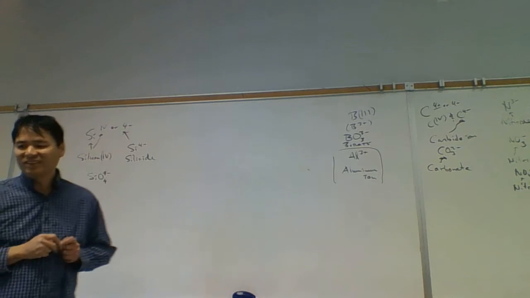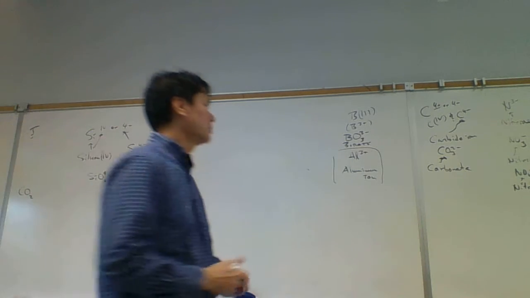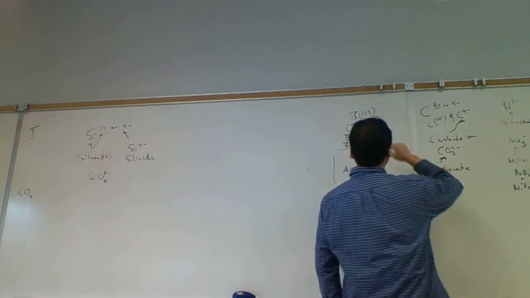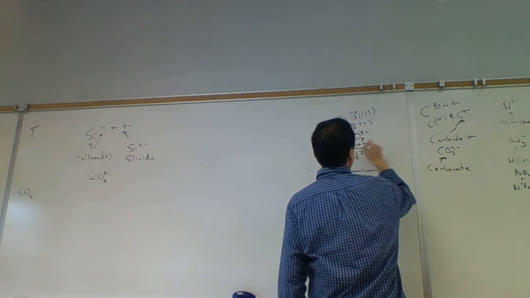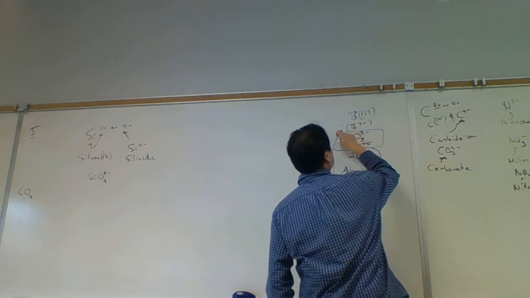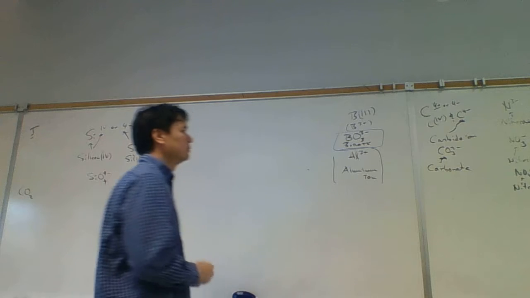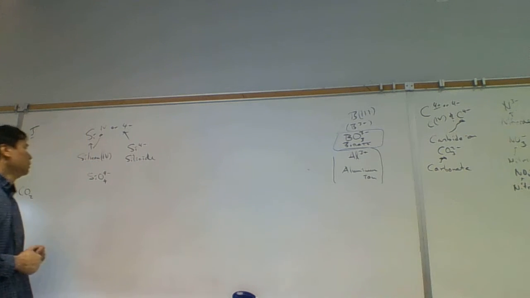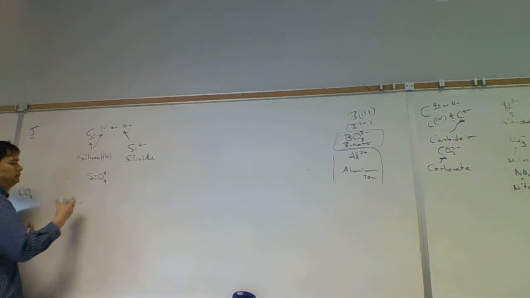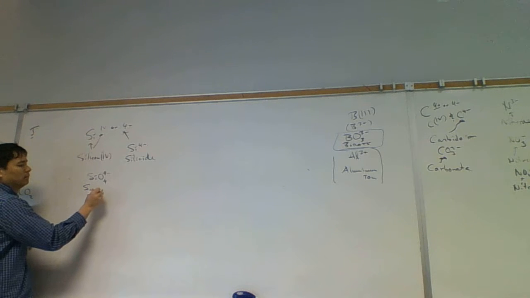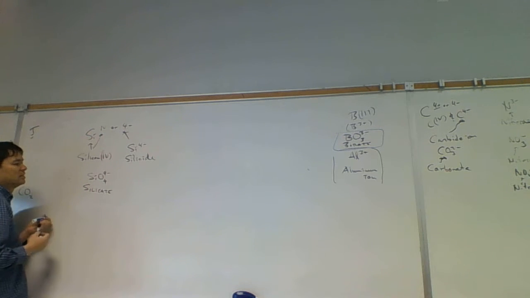See, there's minimal memorization you have to do as long as you memorize the anchors. So 4-8, the anchor for the 3 oxygenates, and this one, silicate, which is the anchor for the 4 oxygen.